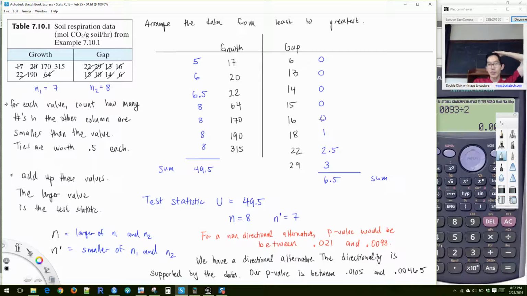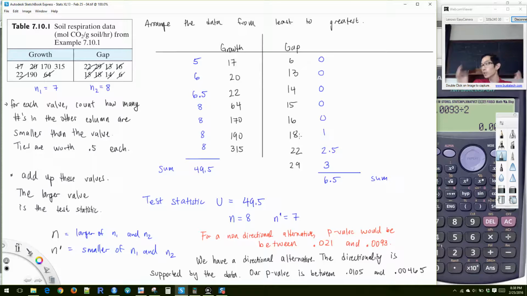So if I looked at 17, I'd probably expect only 1 or 2 values in this column that are smaller. And when I look at the largest value over here, I'd expect most of the values in the other column are smaller. But not something like this. I'd probably expect a value of around 28 or something.